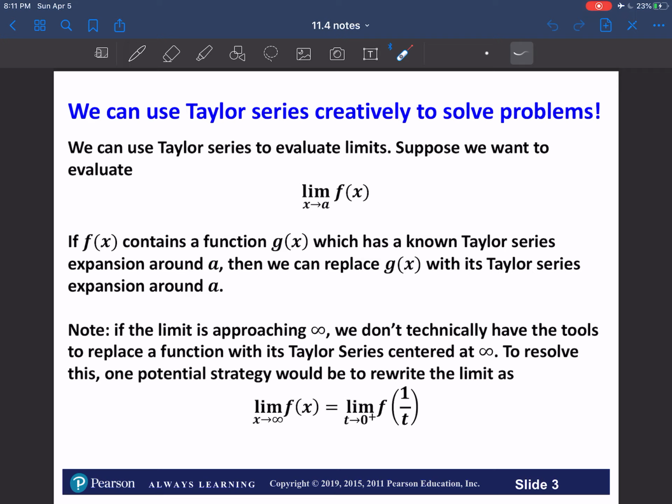So the first thing that we're going to discuss is the idea of solving a limit using a Taylor series. So suppose that we want to solve the limit as x approaches a of the function f of x.